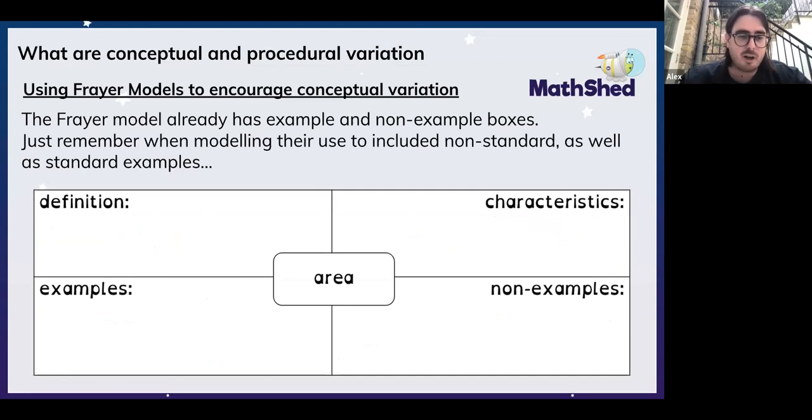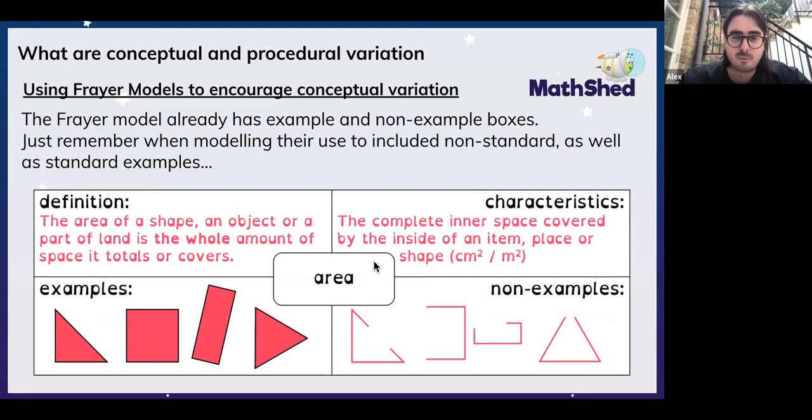Similarly, they work really well with shape work. So for area, this is from one of our MathShed lessons as well. We've got examples, and you can see here that I've used examples where they're standard, examples of how we might perceive area, with the red section being the area within the shapes.